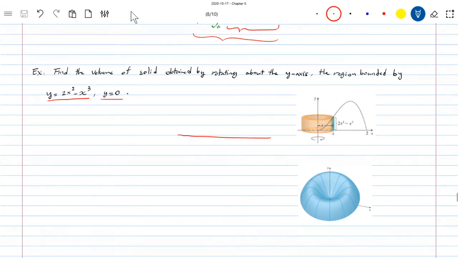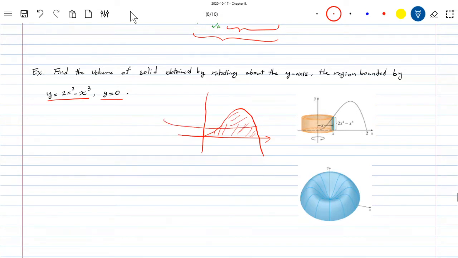So what is the area underneath the function? The function 2x squared minus x cubed looks something like this, and it continues going on. Maybe it will go up again, whatever it looks like. This area is what we're going to rotate. So I'm going to ignore this part.